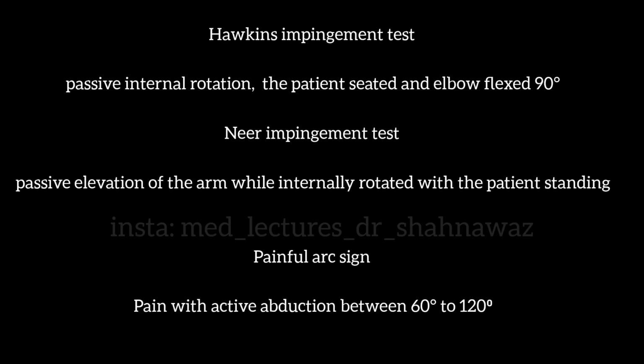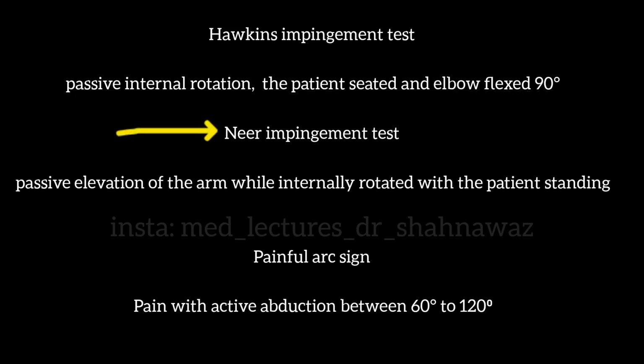The first test we see here is the Hawkins impingement test. When the patient is seated and the elbow is flexed to 90 degrees, the patient is allowed a passive internal rotation of the shoulder. If pain is felt by the patient, the test is positive, and we see specific rotator cuff muscle injuries.